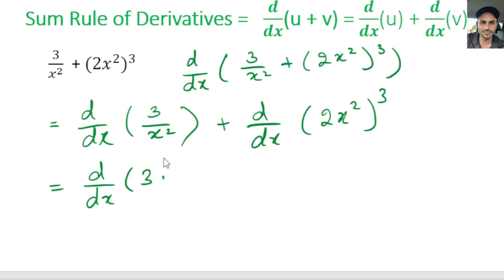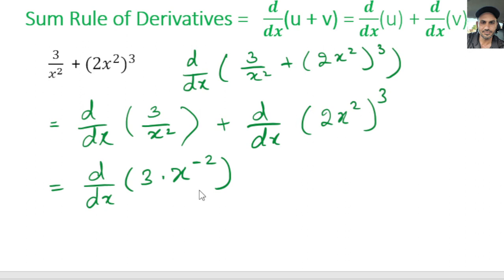So instead of 3 over x squared, I'm going to write it as 3 times x to the negative 2. If the term with the exponent is in the numerator, we can bring it into the denominator and change the sign of its exponent.